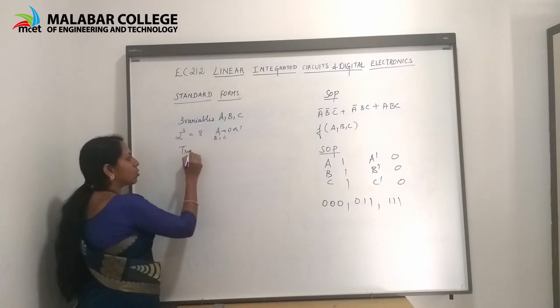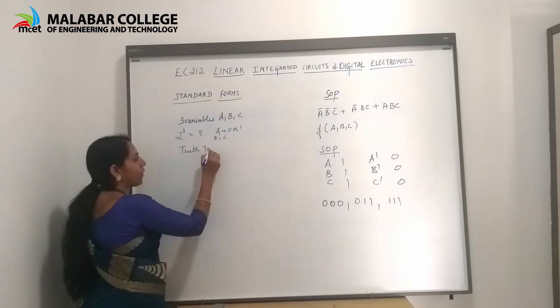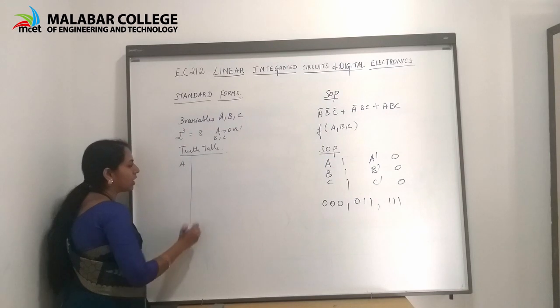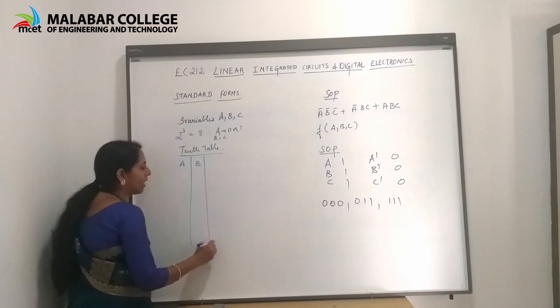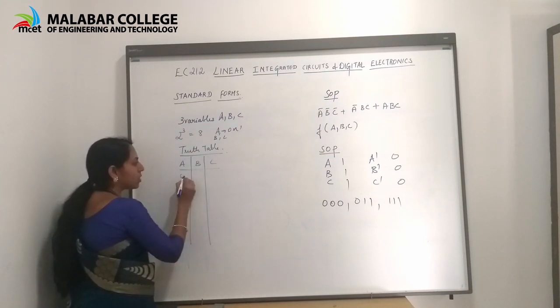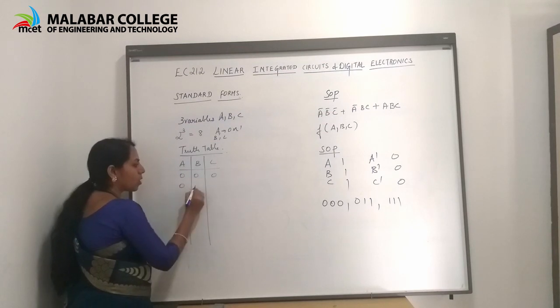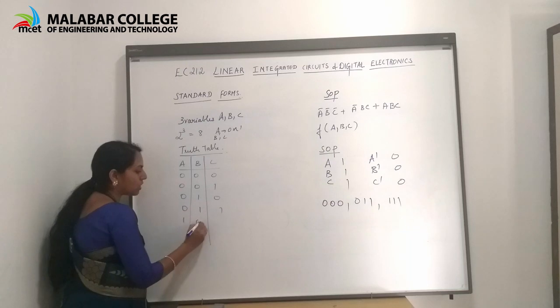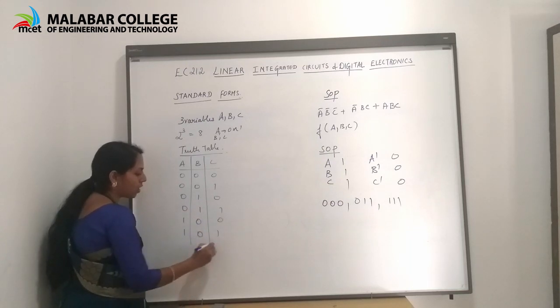So if you are drawing the truth table for 8 combinations, A, B and C: 0 0 0, 0 0 1, 0 1 0, 0 1 1, 1 0 0, 1 0 1, 1 1 0 and 1 1 1.